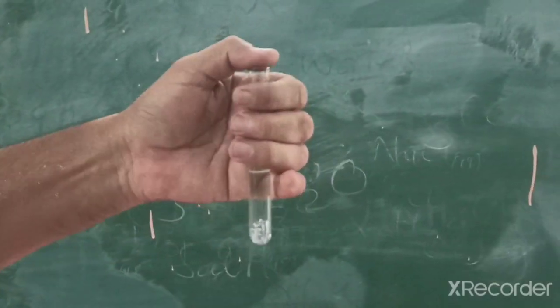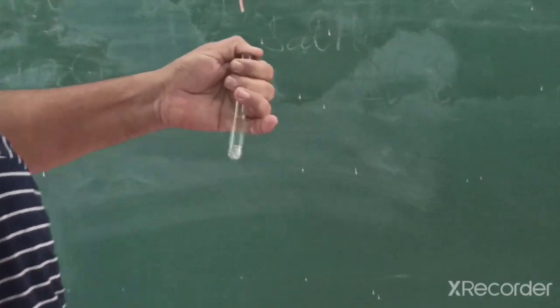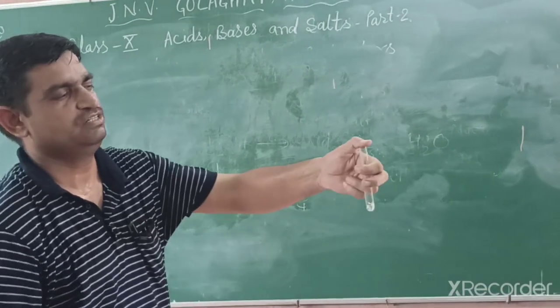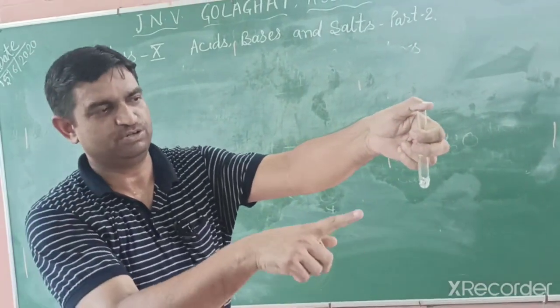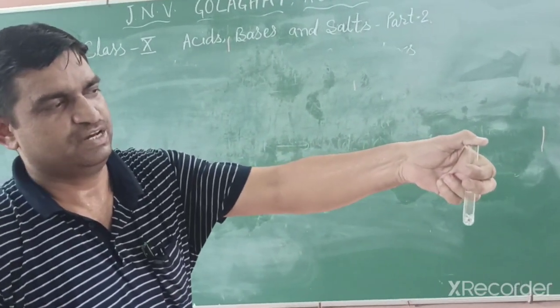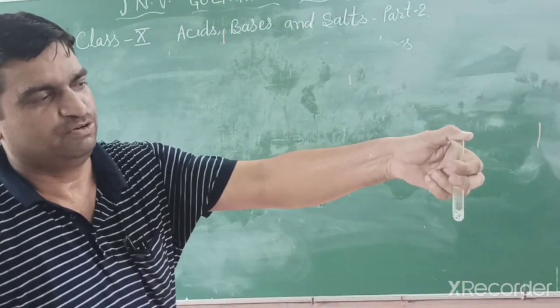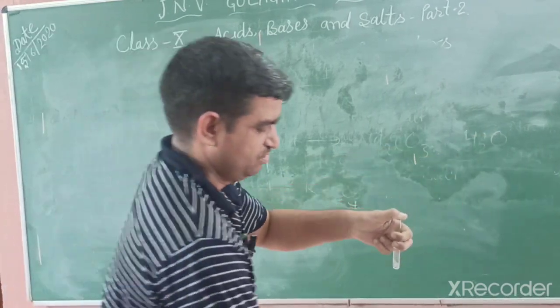If we stop it with a thumb and feel pressure, then it burns with a pop sound. A gas is released because zinc reacts with acid. When it is collected, because I stopped it with the thumb, and we burn it with a matchstick, it burns with a pop sound.